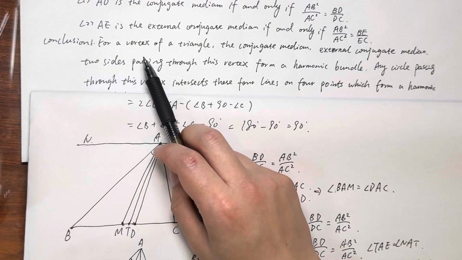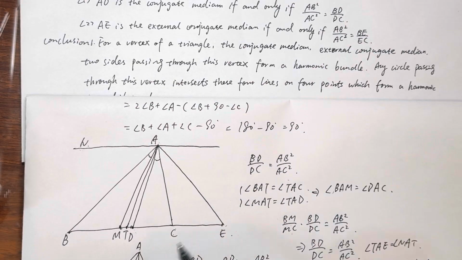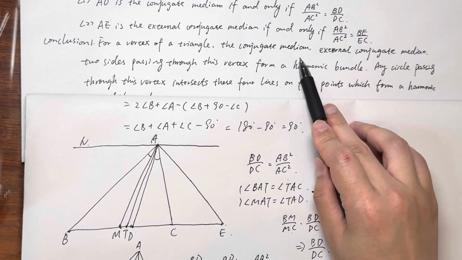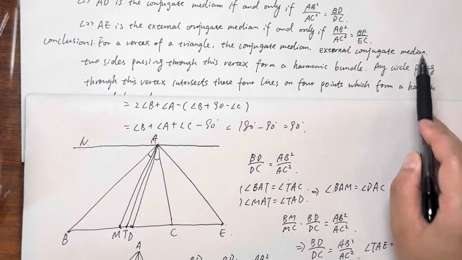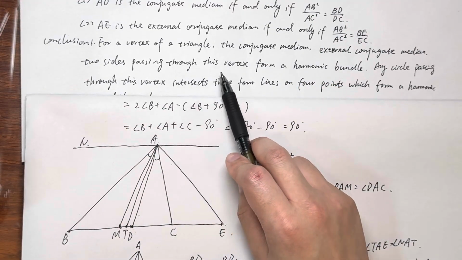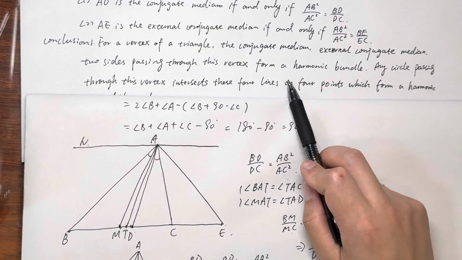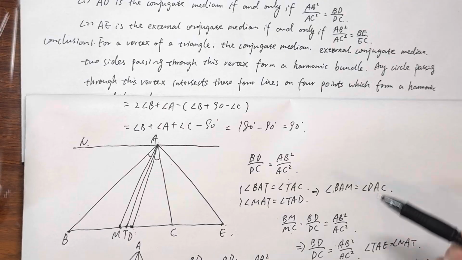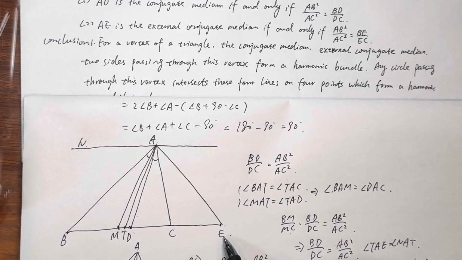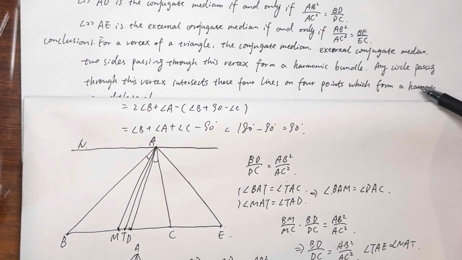So for a vertex of a triangle, the conjugate median, which is AD here, and the external conjugate median, which is AE here, and the two sides passing through this vertex, which are AB and AC, form a harmonic bundle, which is obvious, right? Because BD to DC equals BE to EC equals AB squared to AC squared. So that's a harmonic bundle.